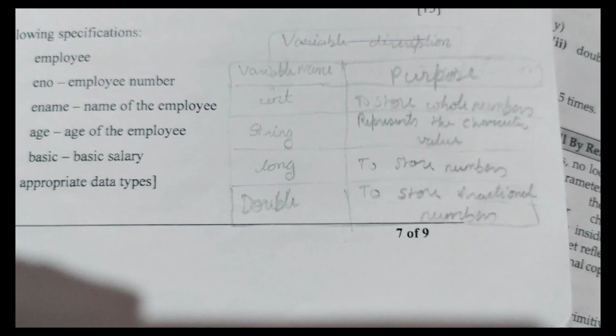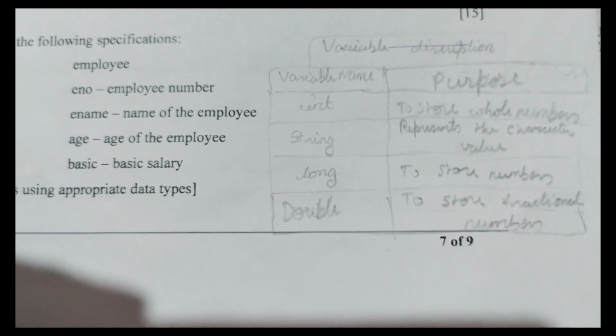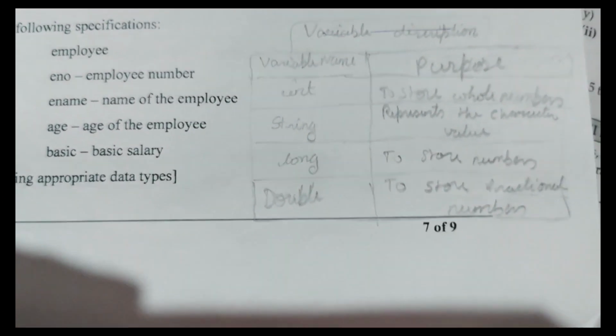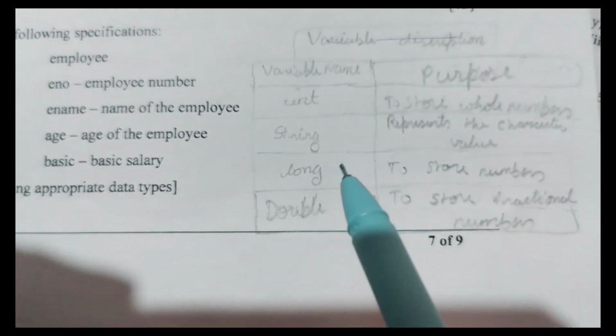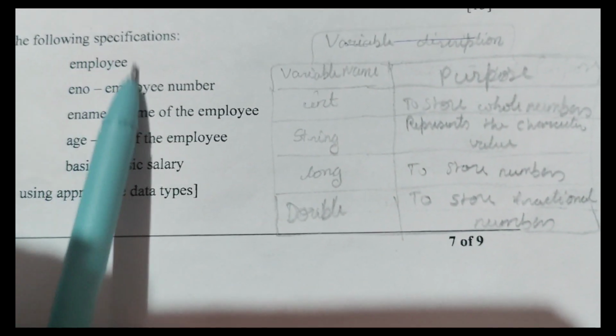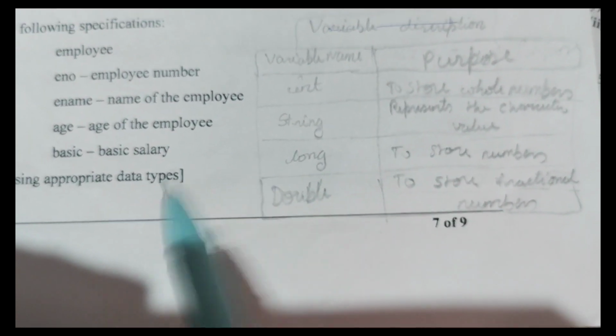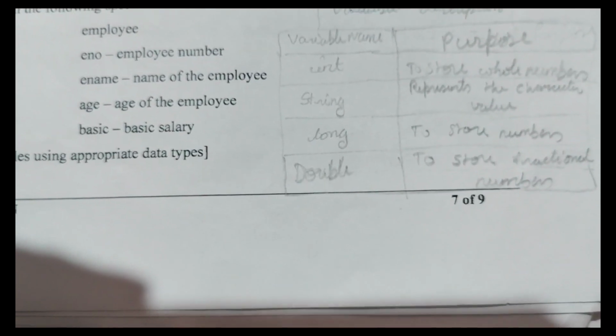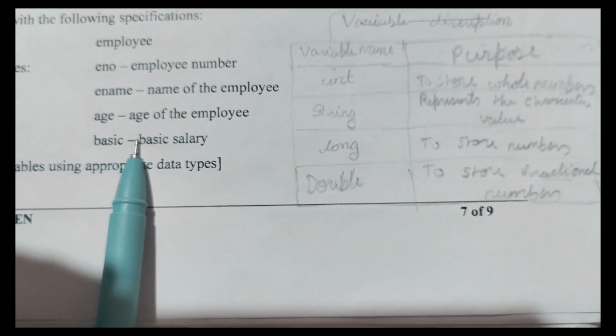That means person, name, place, or any object comes under string. Then long, to store the long numbers such as employee number. Then double, to store fractional numbers such as basic salary, which will be in fractional numbers.